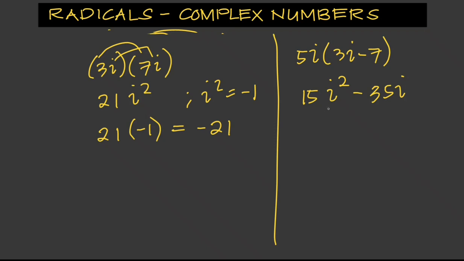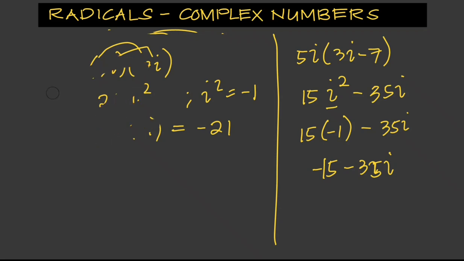We can simplify i squared here: 15 times negative 1, because i squared is equal to negative 1, minus 35i. Then we multiply the negative. This would be -15 - 35i. So that is the solution to that problem.